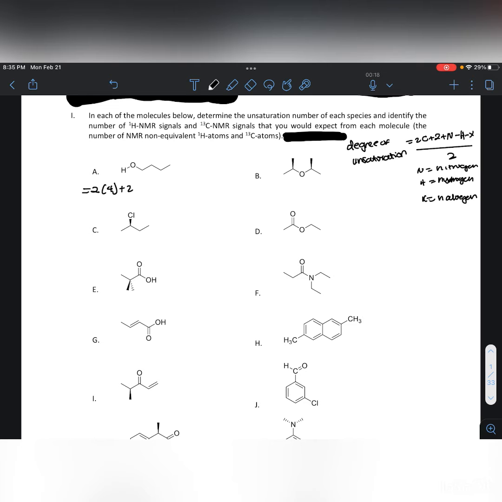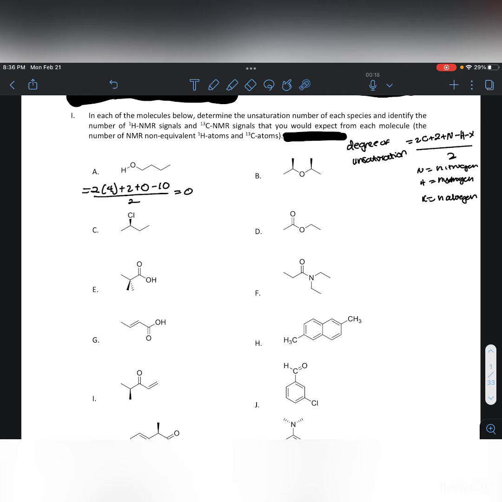There are 0 nitrogens. There are about 1, 2, 3, 4, 5, 6, 7, 8, 10 hydrogens, and then divided by 2. So that should give you 0.